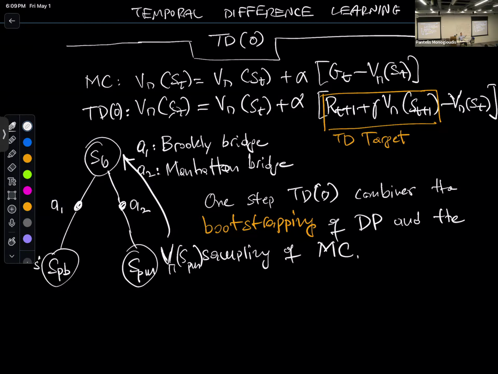This is called TD of lambda. Okay, it's very confusing initially, right? But it's kind of straightforward if you think a little bit about it.